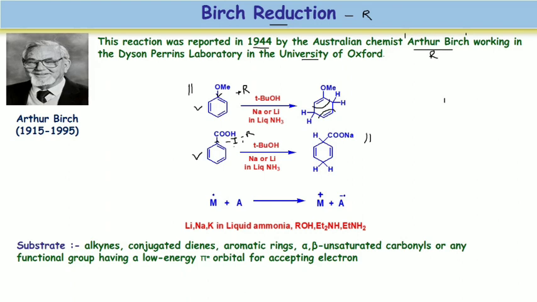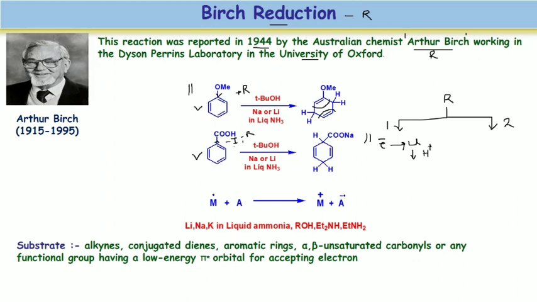Now coming to the point of reduction, basically we have two chemical methods in organic chemistry for reduction. Number 1, the first method, where an electron is added to an unsaturated molecule and then protonation occurs.